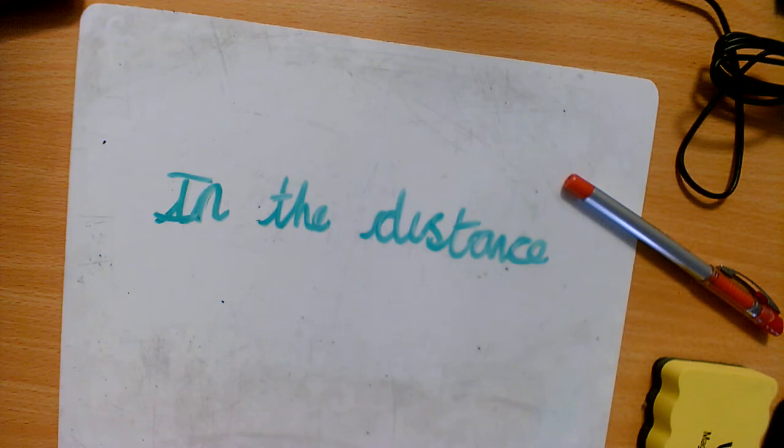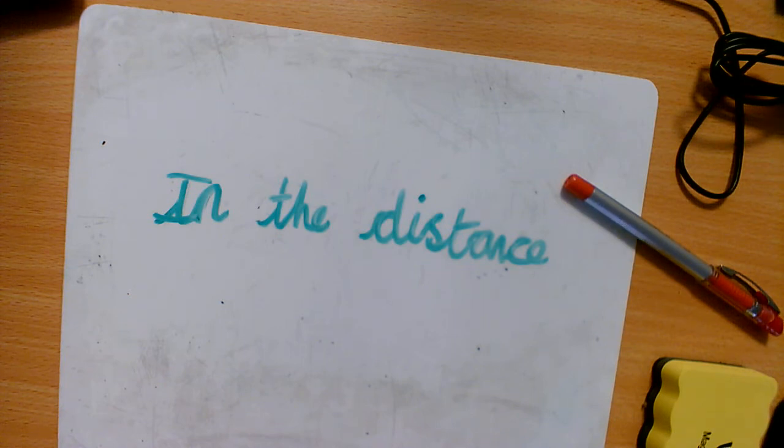My fronted adverbial is in the distance. That's the one I've been given. Now have a think what you could add to this. What sentence you could add to this fronted adverbial. Just pause the video, have a think about that now.